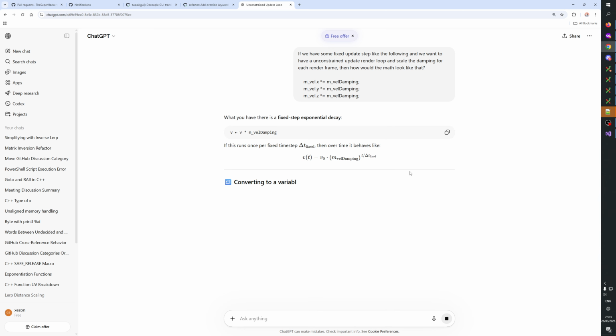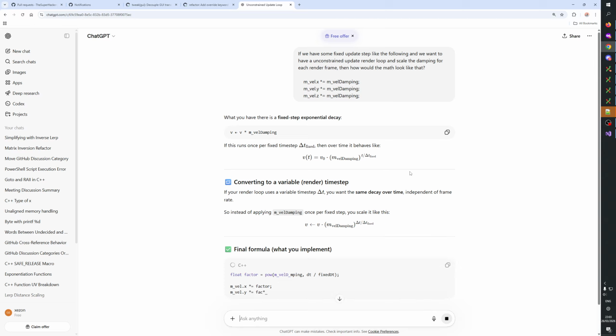Fixed step exponential decay. Yeah, converting to a variable render time step. Factor. Power. Fill damping. Is that right? Pow, fill damping dt divided by fixed dt.